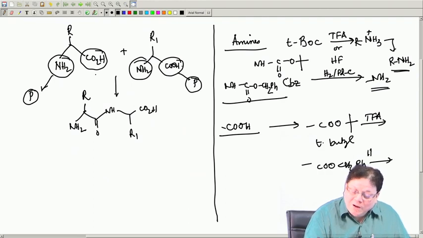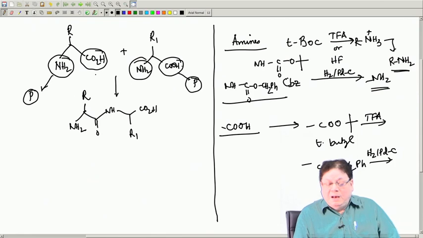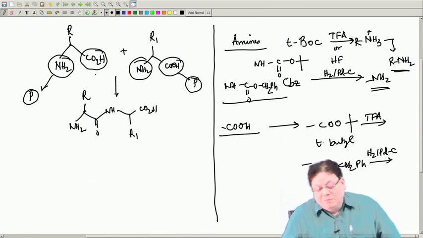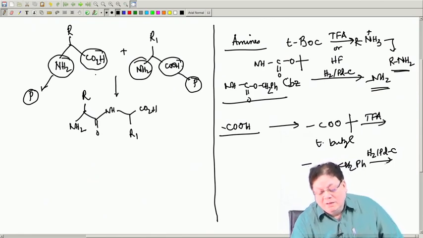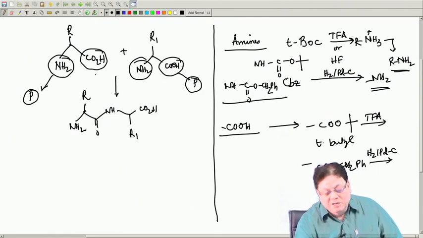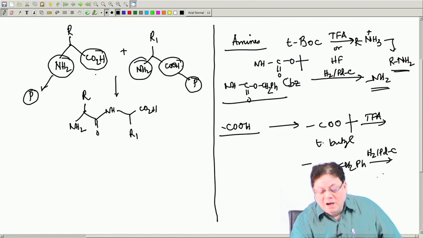This also, like CBZ, comes off with hydrogen and palladium on carbon, hydrogenolysis. The product that comes out is RCOOH, the free acid, and you get toluene.